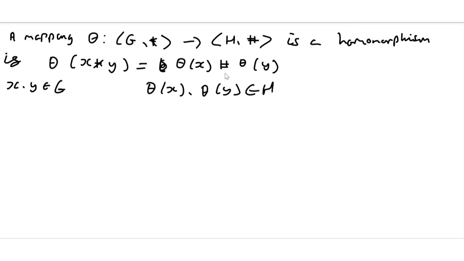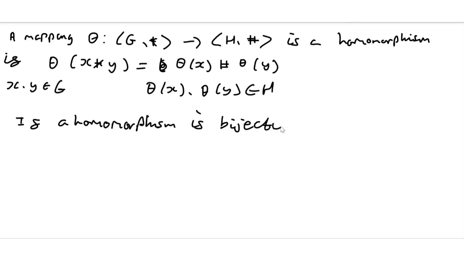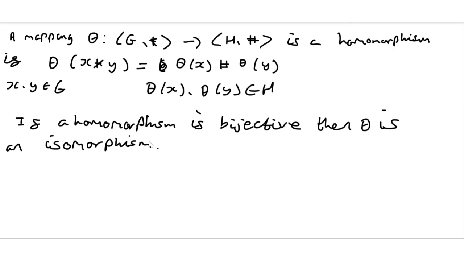So some extra little facts about homomorphisms. If a homomorphism is what we call bijective, I'll explain what that means in a second, then theta is an isomorphism. A bijective mapping is the same as a bijective function, or a mapping function, almost the same thing.